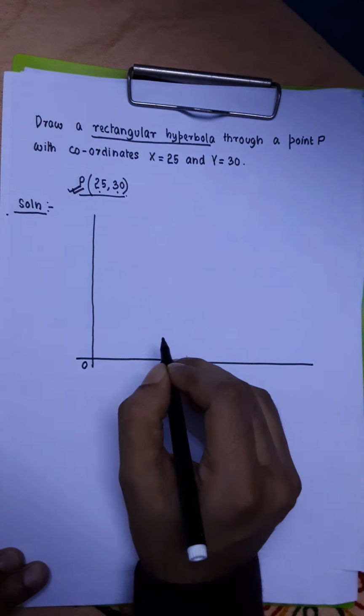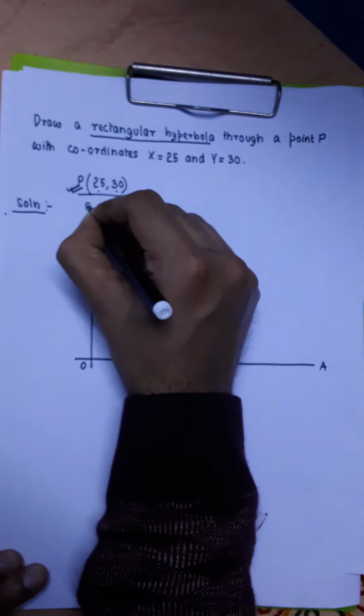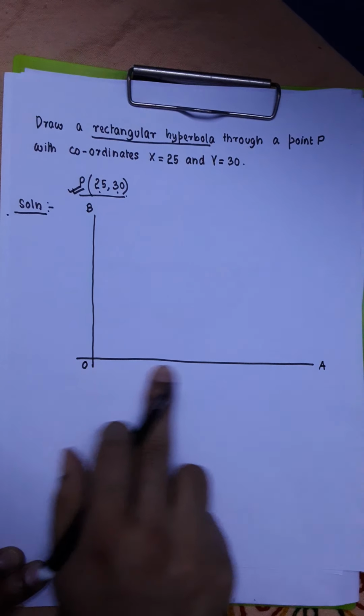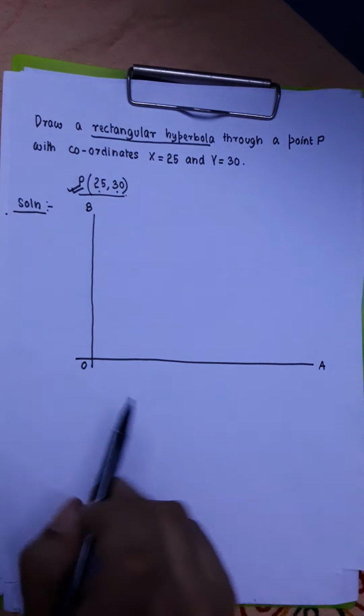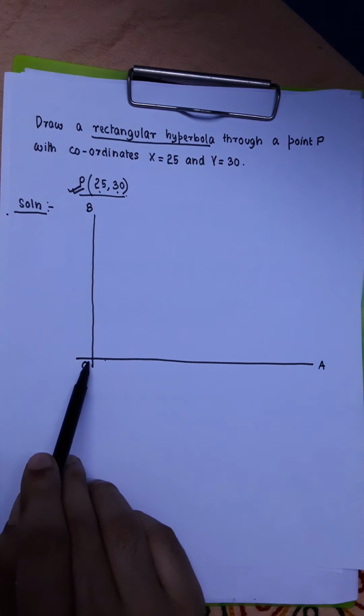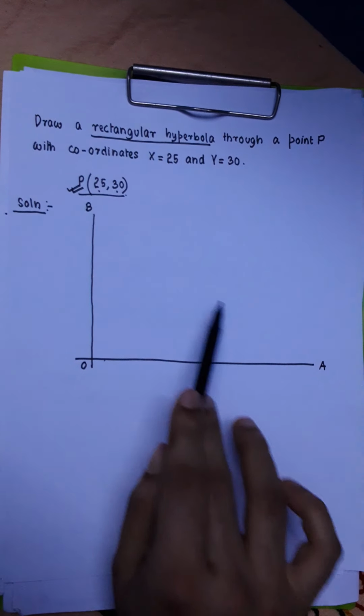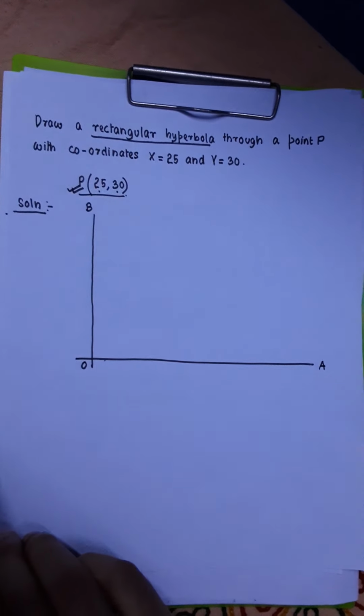Let us call this point as O, where these two lines meet. Let us call this point as A. Let us call this point as B. So this is the x-axis. This line will be treated as the y-axis, where the intersect is the origin, and this is the xy plane, namely the first quadrant of the xy plane.